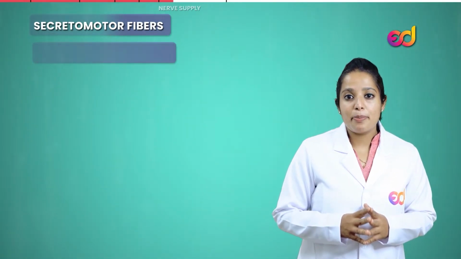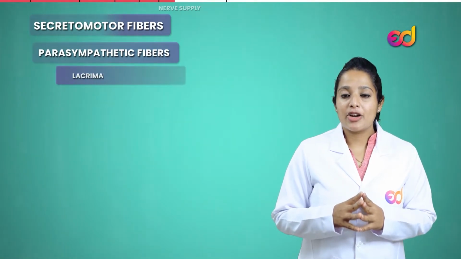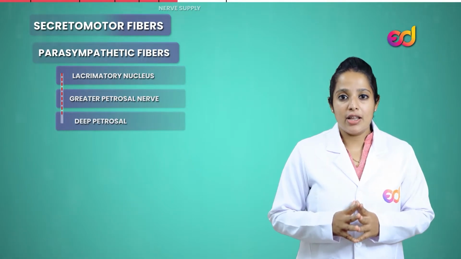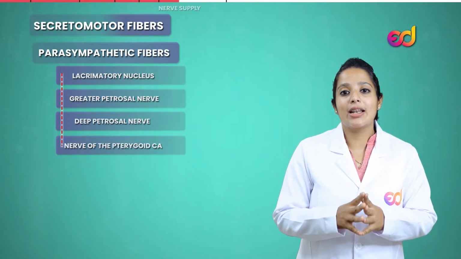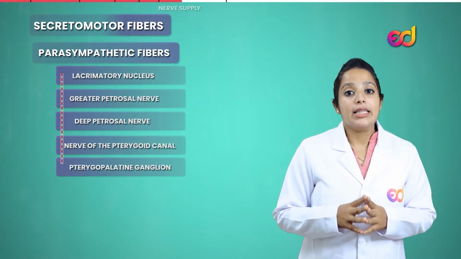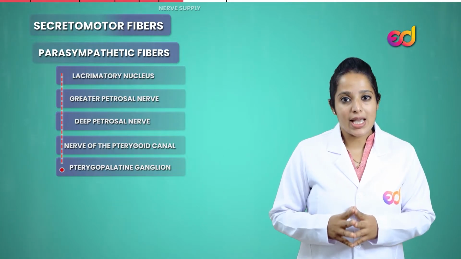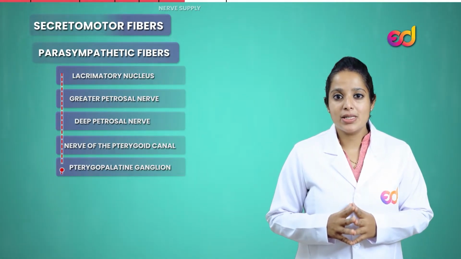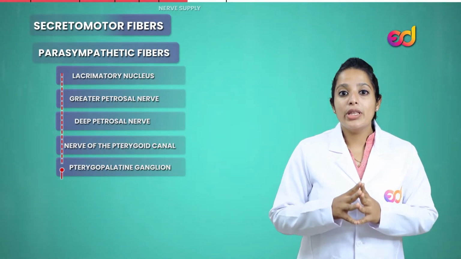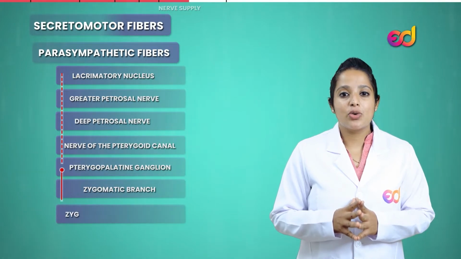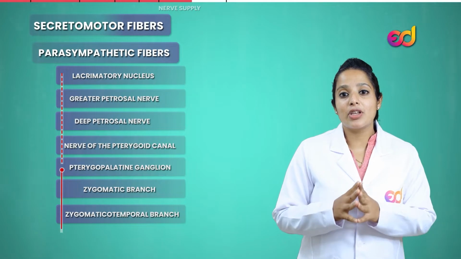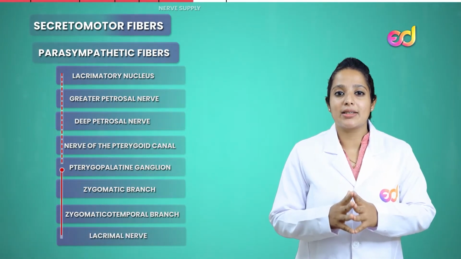Preganglionic parasympathetic fibers from the lacrimatory nucleus travel within the greater petrosal nerve and the nerve of the pterygoid canal, and then reach the pterygopalatine ganglion. These fibers synapse on postganglionic parasympathetic fibers within the pterygopalatine ganglion, which then travel within the zygomatic and zygomaticotemporal branches of the maxillary nerve and ultimately reach the lacrimal nerve to supply the gland.